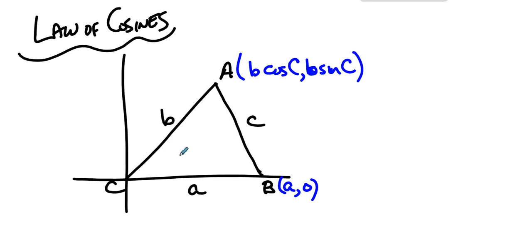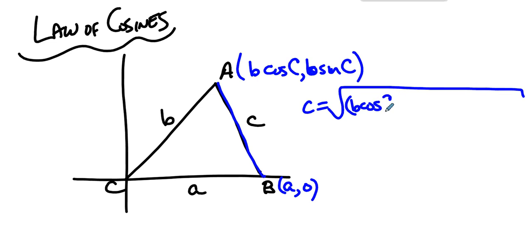So what is c? Well, this little length right here, c, is the square root of, by the distance formula, (b cosine C minus a) squared plus (b sine C minus 0) squared. Square both sides.